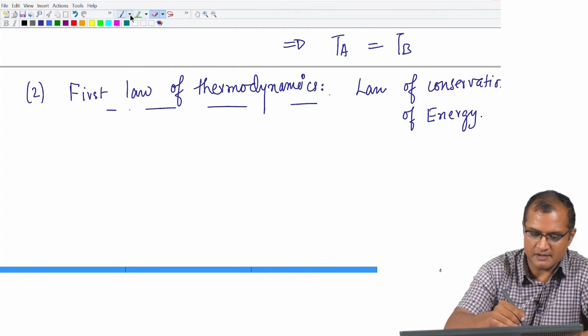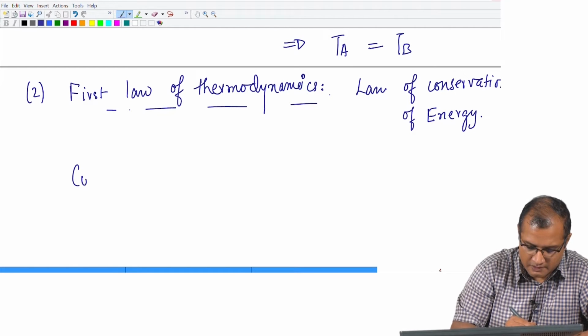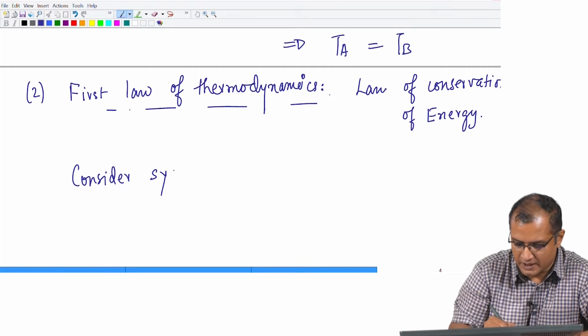So, suppose you take a system at equilibrium. Consider a system at equilibrium.